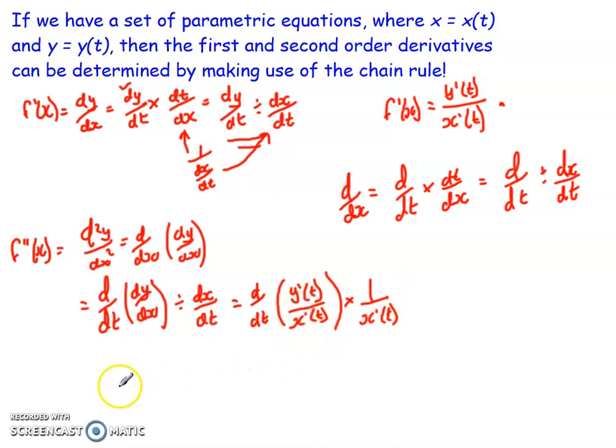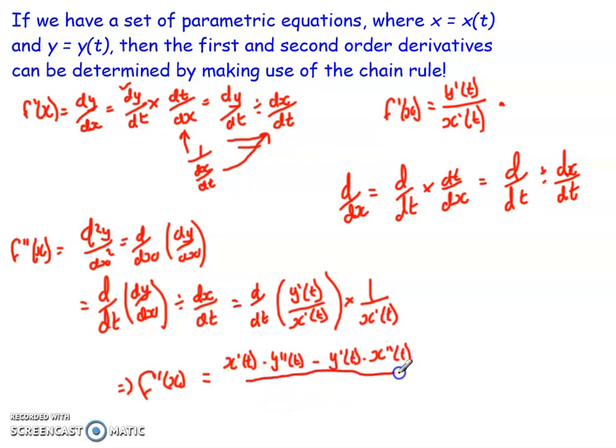What that means is I can then write my second derivative, f double dashed of x, as being equal to the derivative of x of t, times the second derivative of y of t, take away the derivative of y times the second derivative of x, all over the derivative of x with respect to t squared, and that's then going to be multiplied by 1 over the derivative of x.